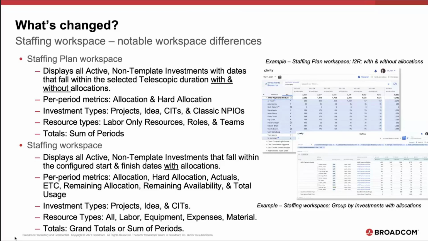The investments and resources that are displayed in either view are determined by the configured date range. Depending on the view selected, resources with and without investment allocations or investments with or without resource allocations are displayed. Essentially, for that selected date range, you're getting investments and resources with or without any allocations. The per period metrics are limited to allocation and hard allocation.